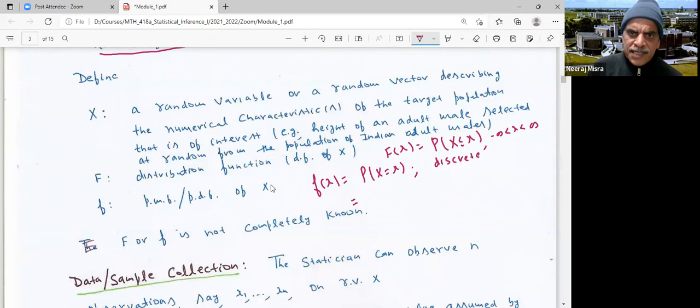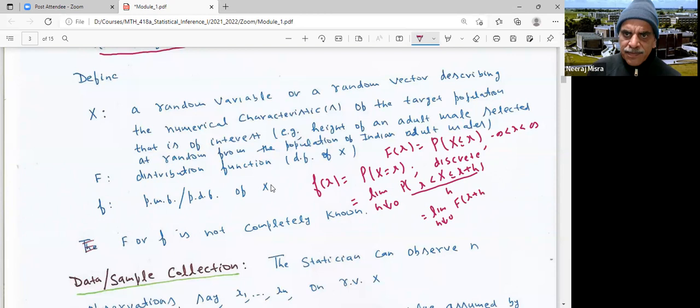In the continuous case, this is the limit as h goes to 0 of the probability that X lies between x and x plus h, divided by h, which is basically the limit as h goes to 0 of F of x plus h minus F of x, divided by h. This is in the continuous case.